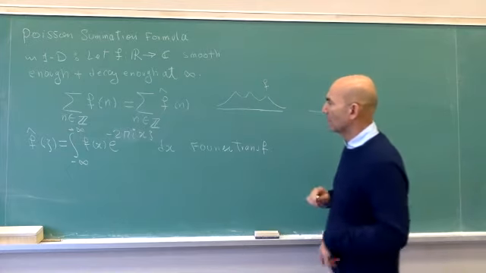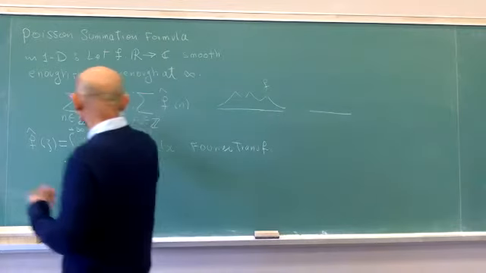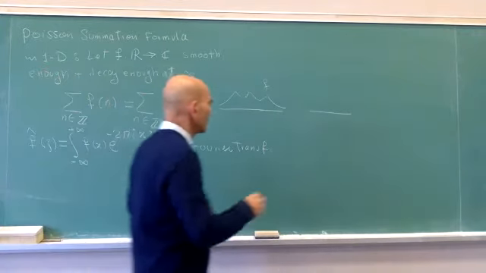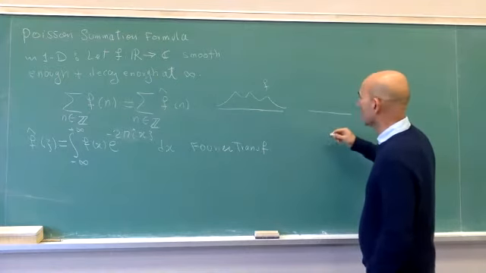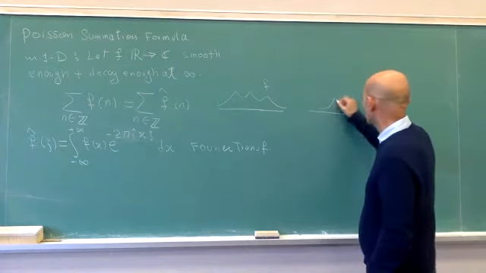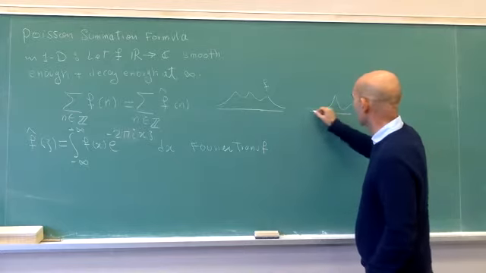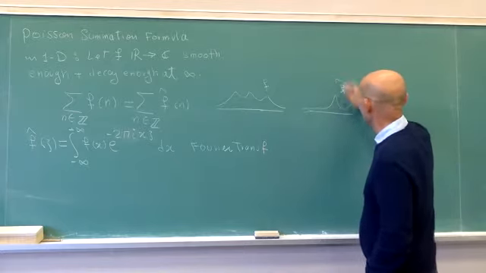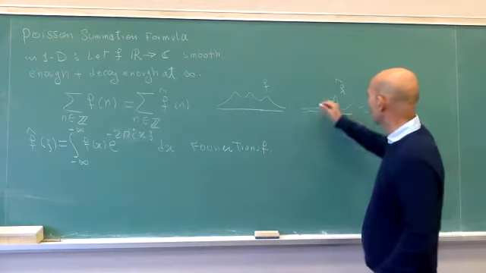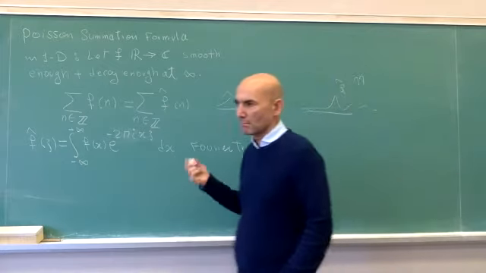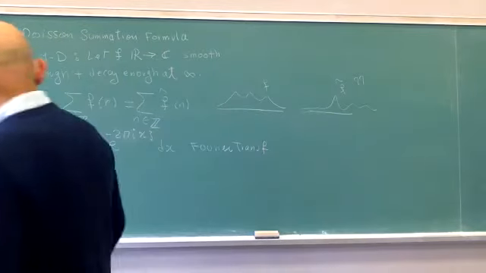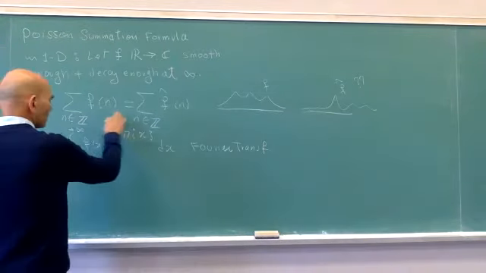But in general, the relation between the two is quite complicated. I can just sketch something like this, and this might be f hat. I'm not even sure this is correct. So this formula is quite remarkable, right?